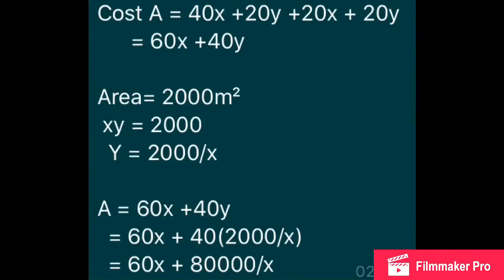For me, I will put y equals 2000 over x. After that, 60x plus 40y equals 60x plus 40 multiplied by 2000 divided by x. So the answer will be 60x plus 80,000 over x.